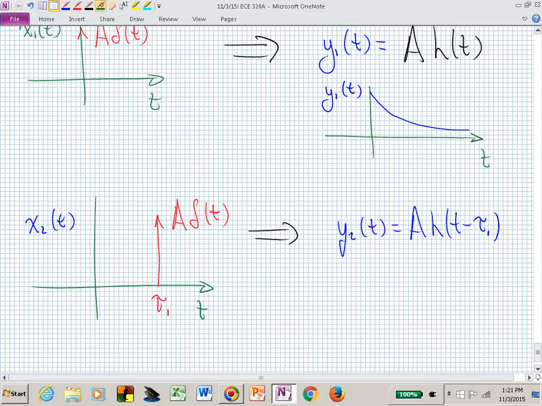And if we drew the picture, that's what y sub 2 would look like. The same exact picture as y sub 1, it's just been translated or delayed by an amount tau sub 1.